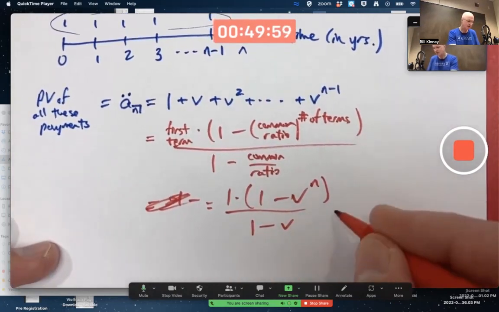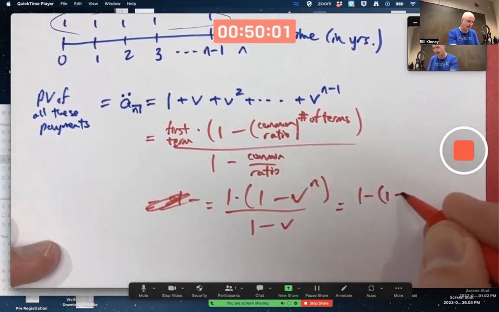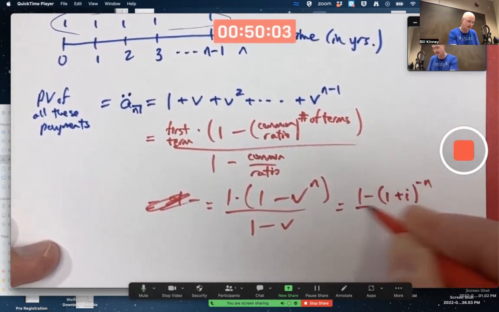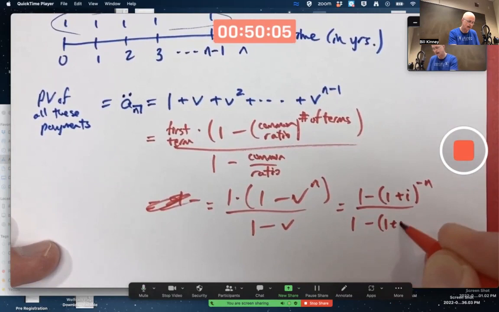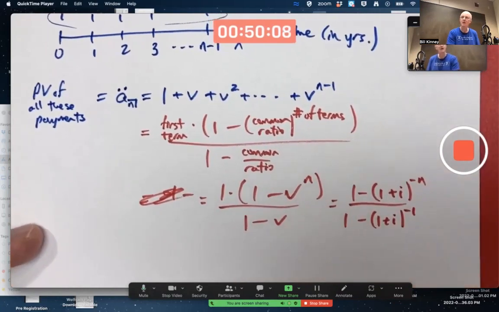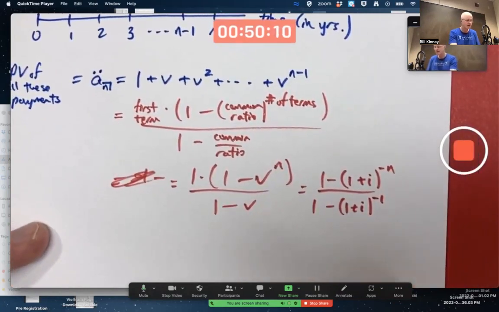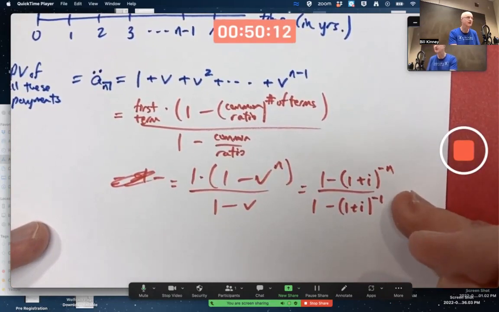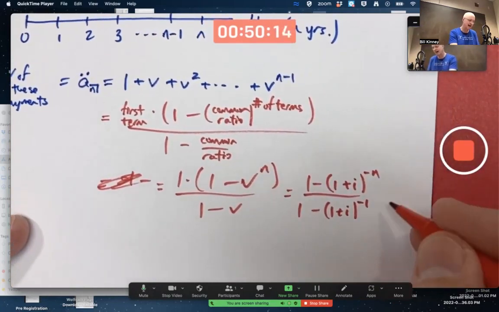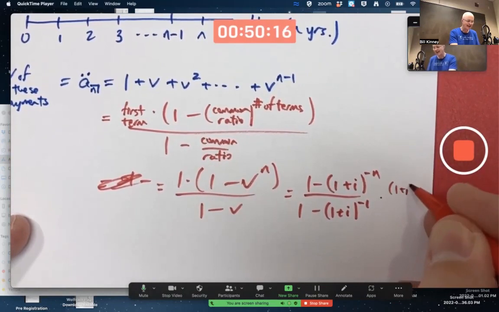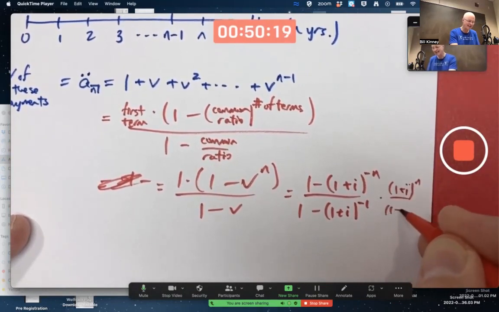This can be written in terms of i. Here's one way to write it. Because v equals 1 plus i to the negative 1 power. You could think of those as fractions if you like. You could multiply the top and the bottom of this by 1 plus i to the n if you wanted to. It's not necessary to.